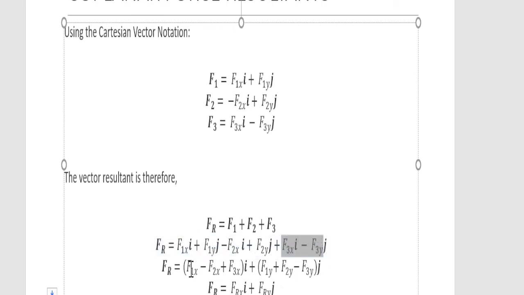After that, you are going to separate the x components, then the y components. When you segregate the x component and y component, you can write the resultant of the x component as Frx i, then the resultant for the y component as Fry j. So remember this formula as well.